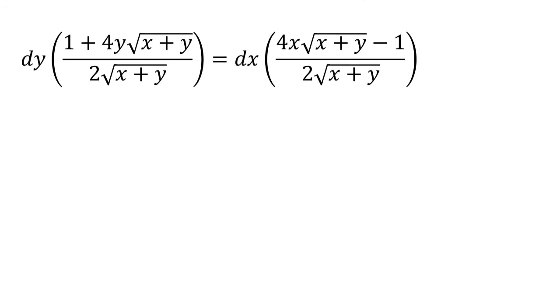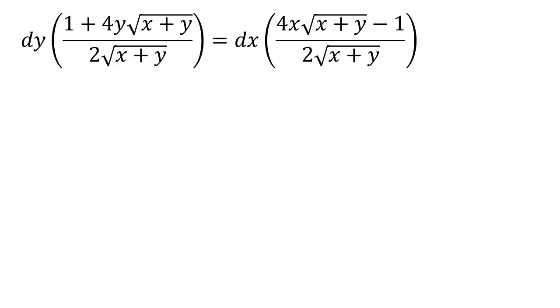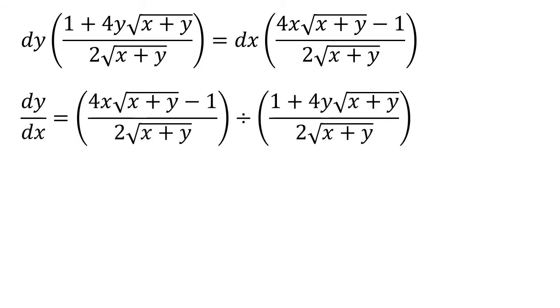And then this will become dy over dx equals 4x times square root of x plus y minus 1 all over 2 times square root of x plus y divided by this, which is 1 plus 4y times square root of x plus y all over 2 times square root of x plus y.